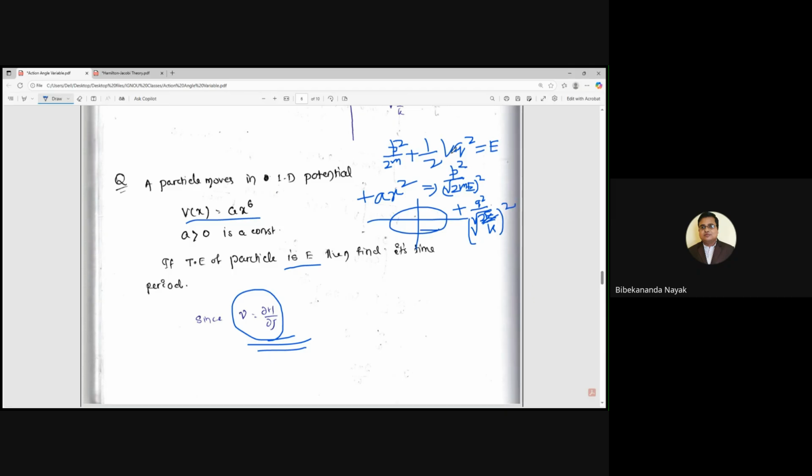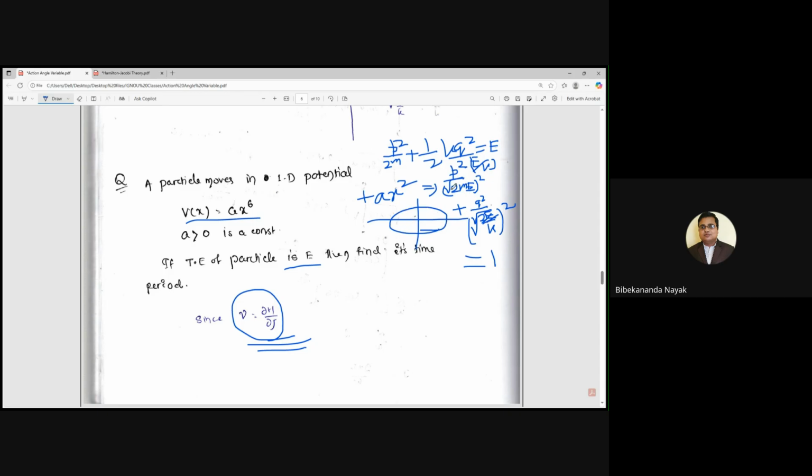I divide E in every term, so it will be E divided again by k. That means 1 by k multiplied with 2 by E over k squared is equal to 1. So basically it represents an ellipse.